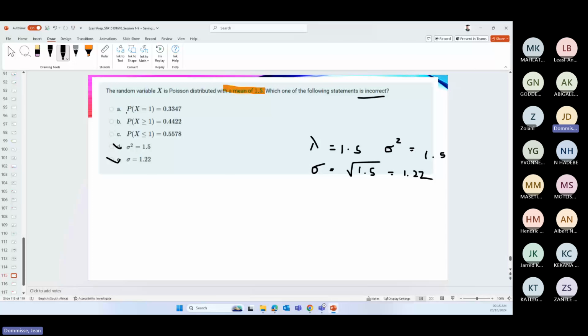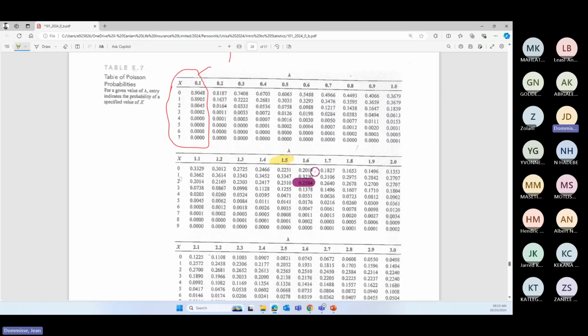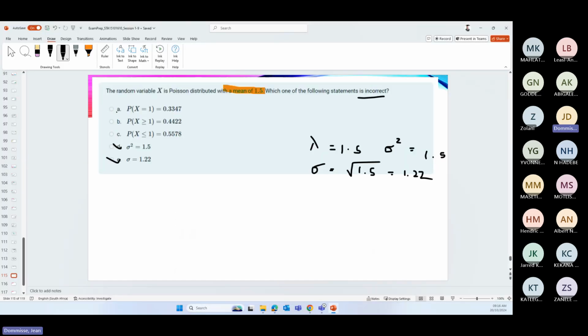So let's just check what we need to get. Probability x is equal to 1: 0,3347. Correct. Okay, let's first do probability smaller or equal to 1, so that is probability of 0 and 1.